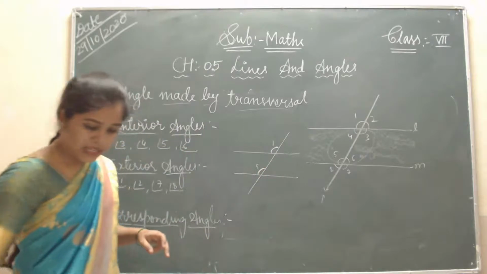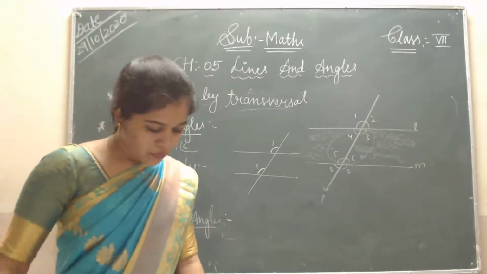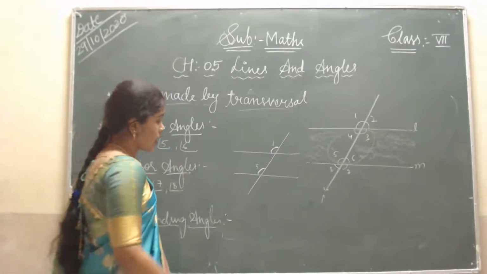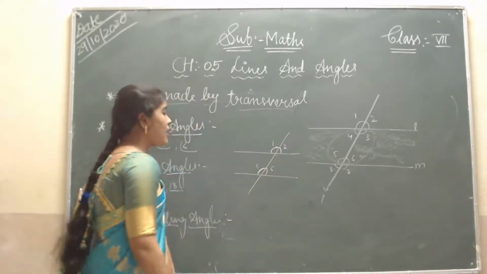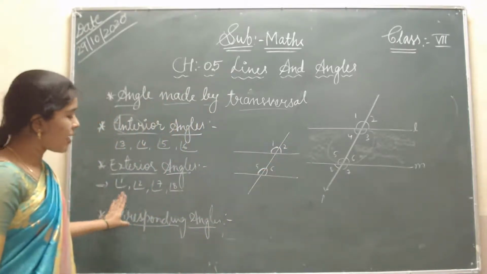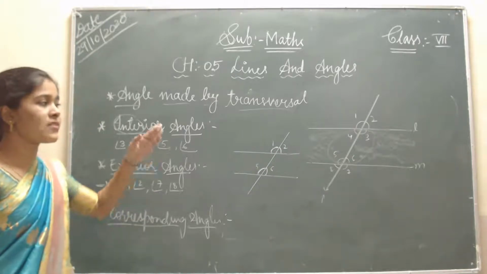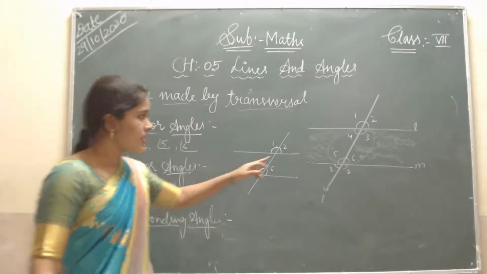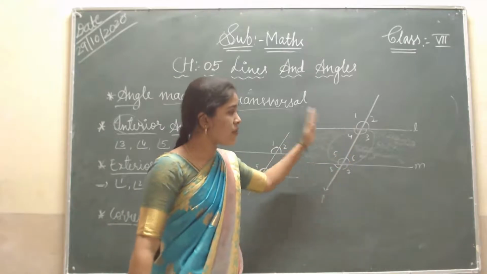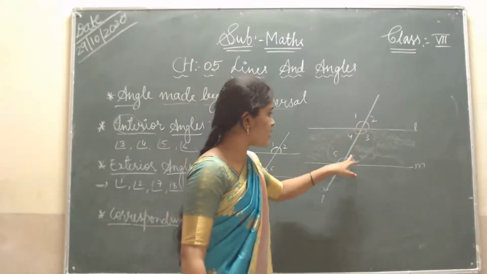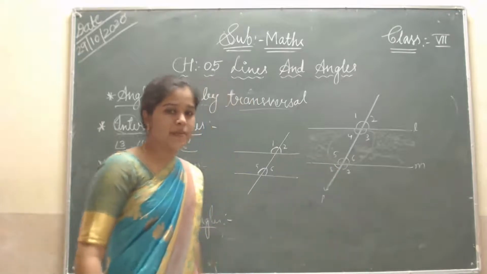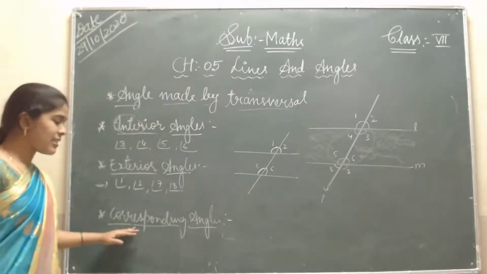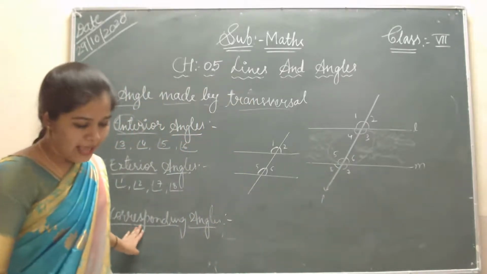Another one is 2, 6. These are the corresponding angles. Corresponding angle is on the same side of the transversal line. See here, 1 and 5, same side, and 2 and 6, same, and 4 and 8, same side, and 3 and 7, same side of the transversal line. That is nothing but corresponding angles.